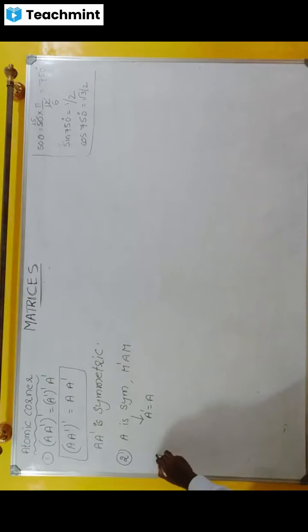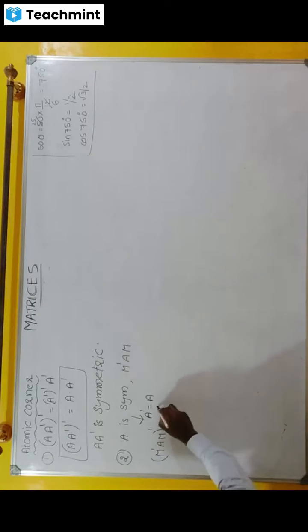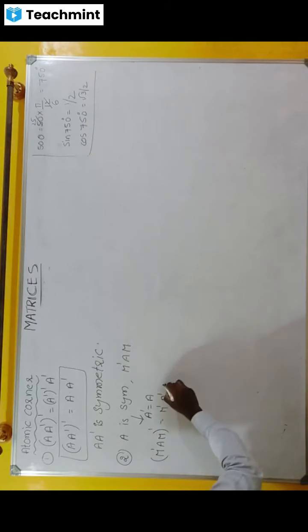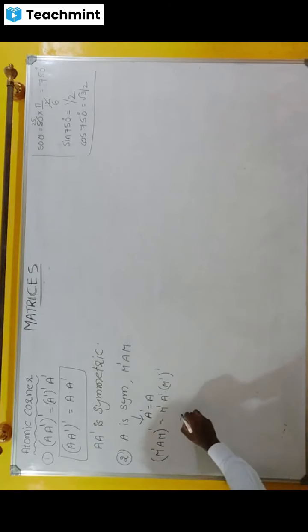Now I am finding M dash into A into M whole dash. First we apply it to the last matrix, M dash. Next the second matrix, A dash. Next the first matrix, M dash whole dash. That equals M dash into, in place of A dash, can I take A?